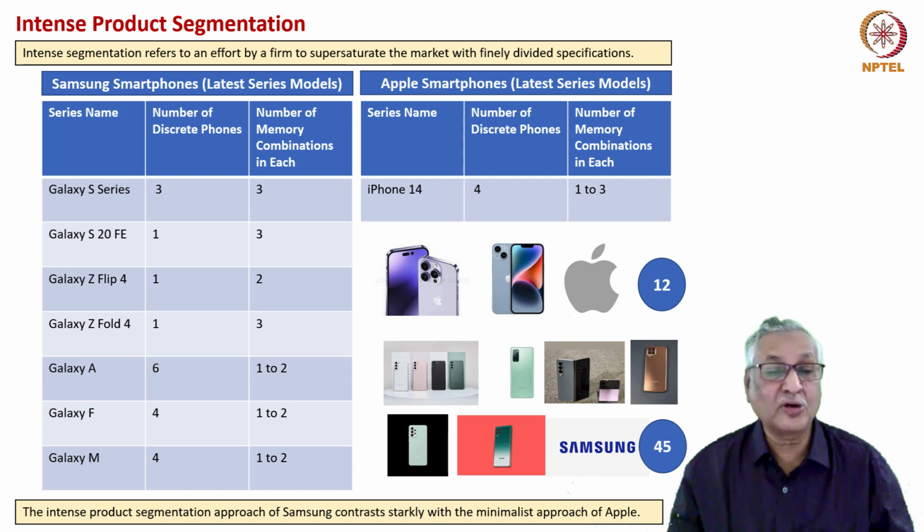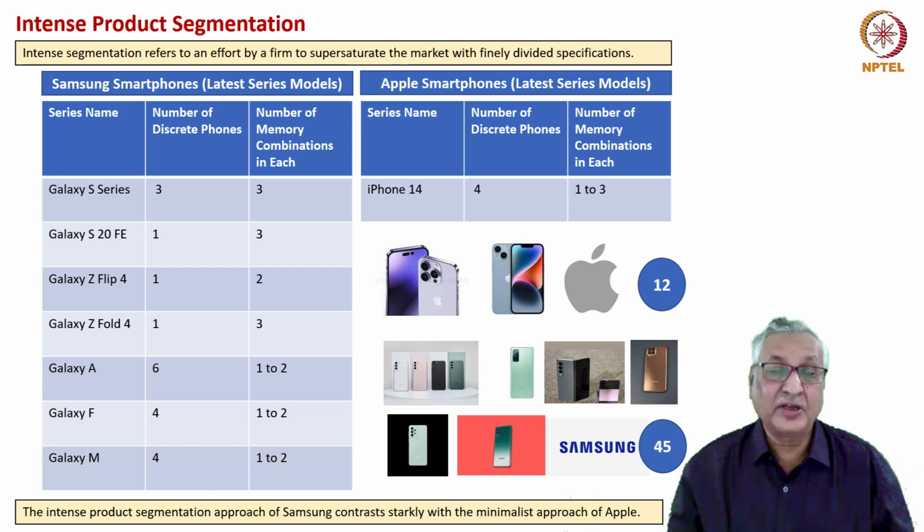It has one phone model and two memory combinations. Z Fold is something which is introduced in a novel way as a bridge between the high-end tablet as well as the high-end smartphone. It has one model and three memory combinations in each. Galaxy A, F, M similarly have several numbers of phones and also memory combinations in each.